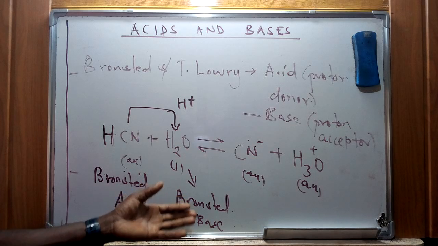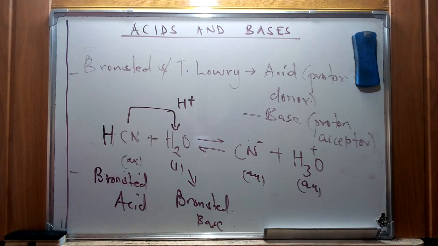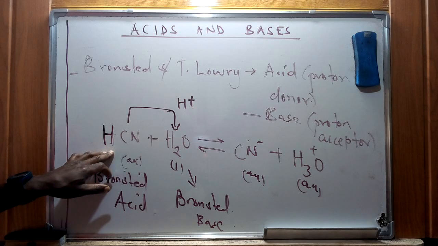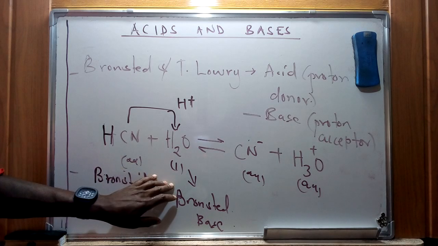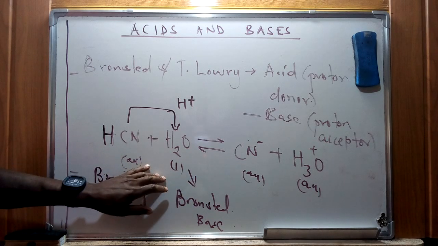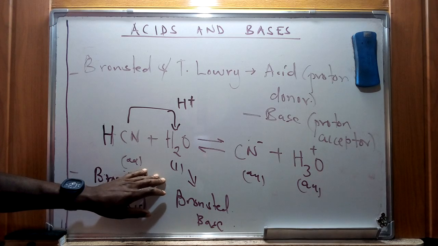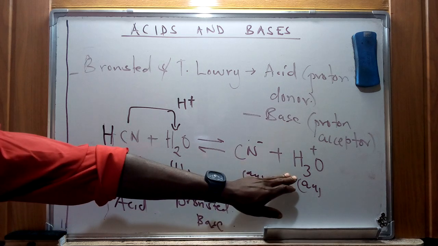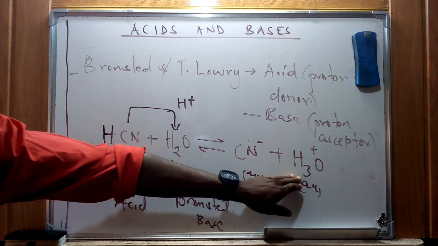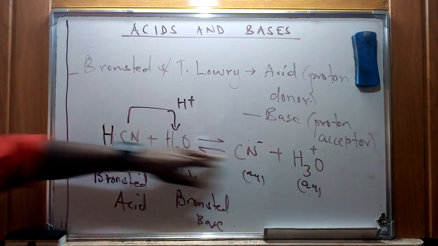But from the reactant side, by that definition, a base is a proton acceptor. Here we consider the aspect of a forward and a backward reaction. In the forward reaction, this particular species and water are a Bronsted acid and a base respectively. Whereas this particular ion, CN negative, and the hydronium ion are a Bronsted base and acid respectively for the backward reaction.